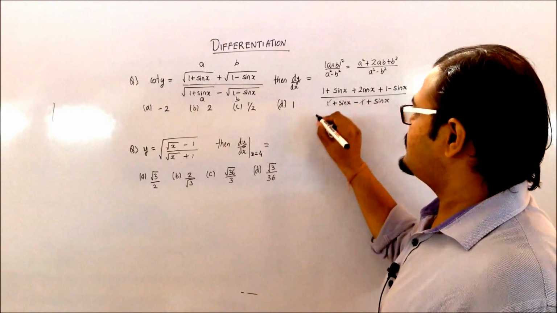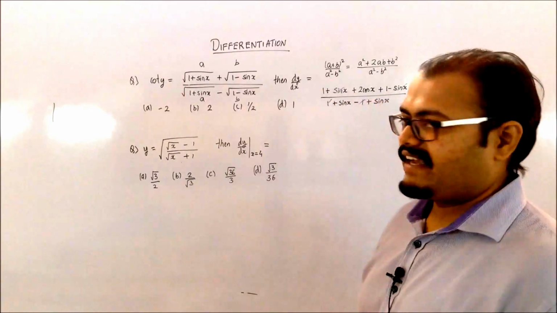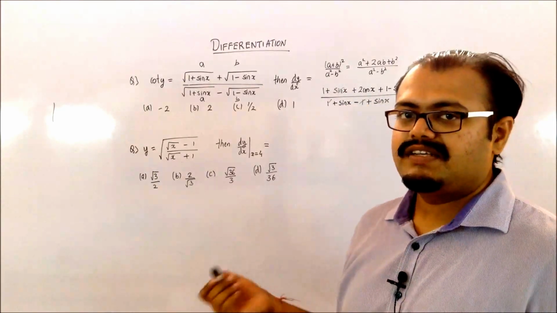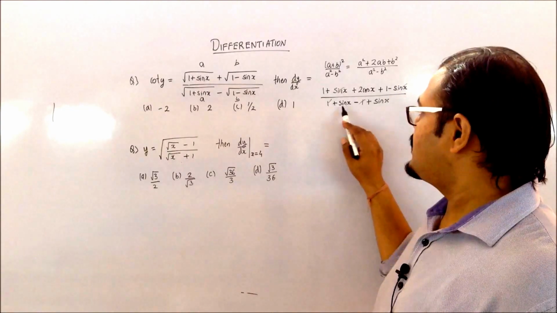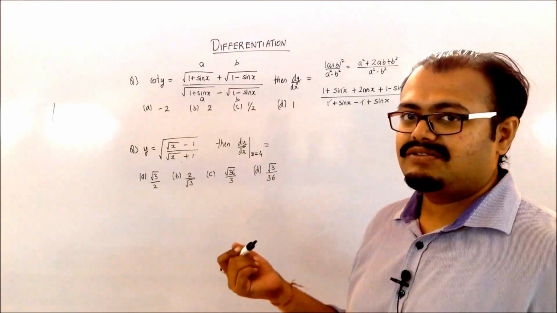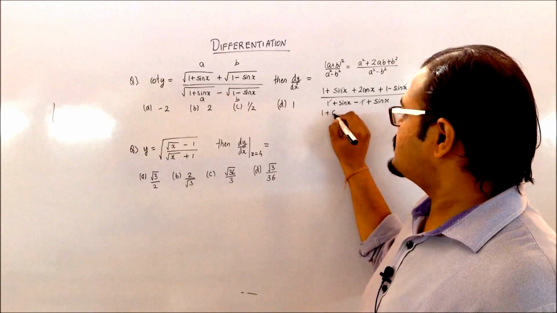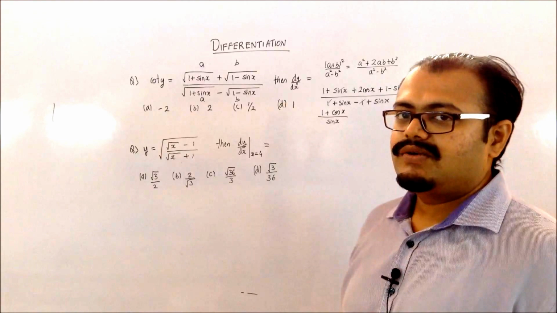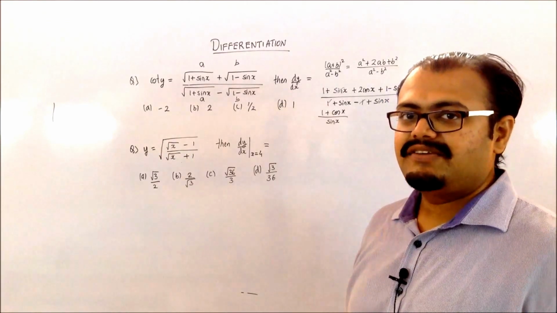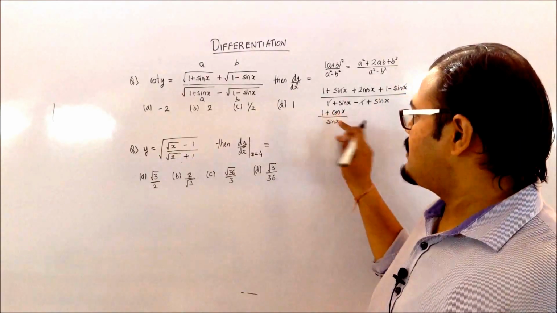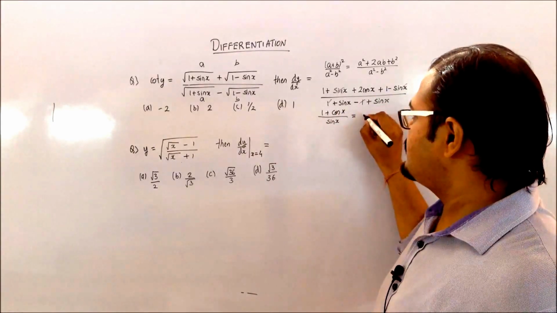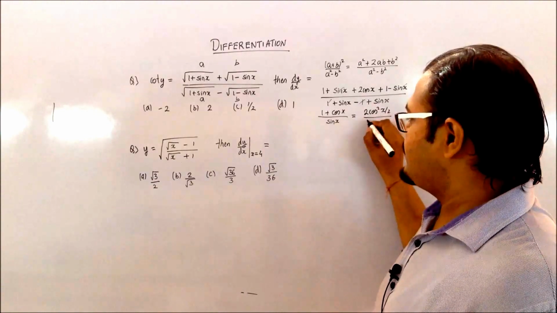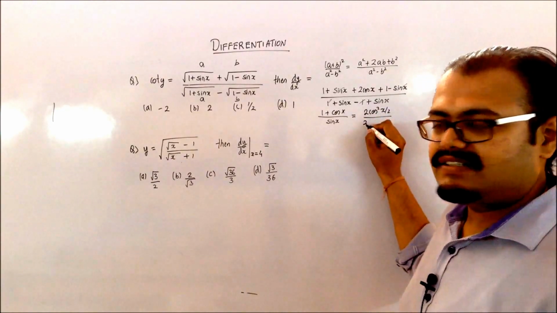So your 1's get cancelled over here, this sin gets cancelled over here, so you are having 1 plus 1, that is 2, plus 2 cos x, and in the denominator you are having 2 sin x. So that 2 gets cancelled and you are having (1 plus cos x) upon sin x. You can further reduce it by using your half angle formula. Your 1 plus cos x will be basically 2 cos square x by 2, upon sin x, which can be written as 2 sin x by 2 into cos x by 2.